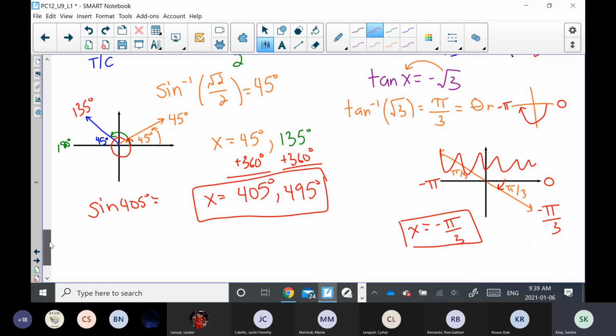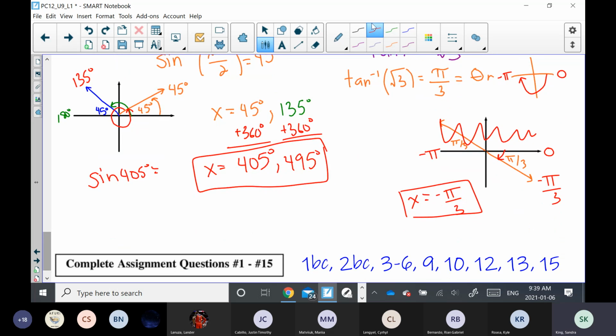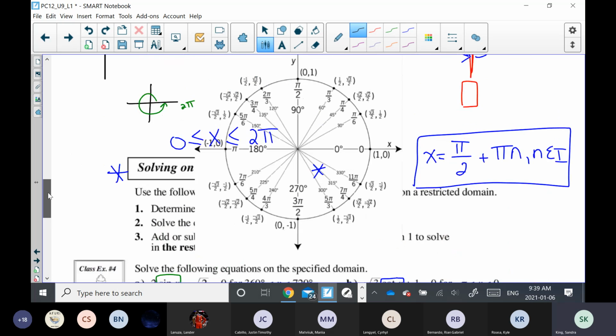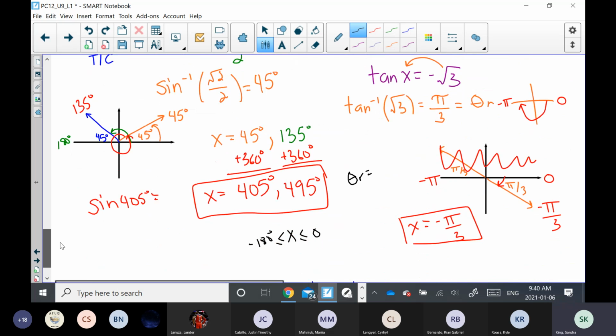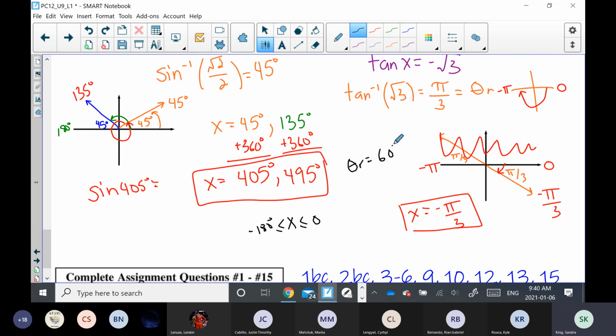Just to quickly show you, let's say they said this was the restricted domain. X is less than or equal to 0, greater than or equal to negative 180 degrees. Might help you if you're thinking in degrees. That reference angle of pi over 3 would be, I believe, 60 degrees. Yes. Okay, so pi over 3 is 60 degrees. This is 0.